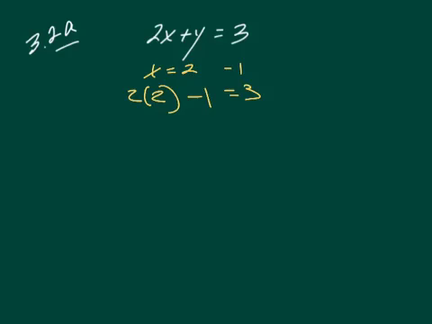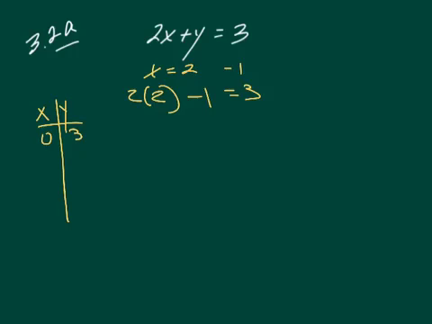I could use several other numbers to make this a true statement. Let's see. What I can do is, you're used to drawing this little table. I could put in 0 for x, and this becomes 0 plus what is 3? Well, plus 3.